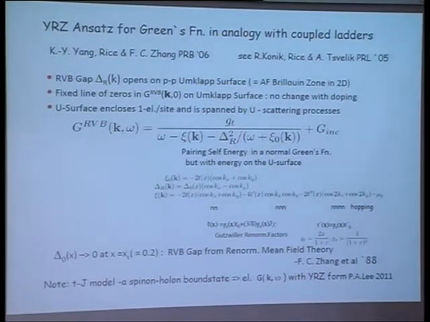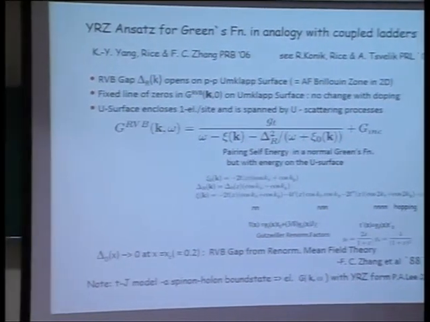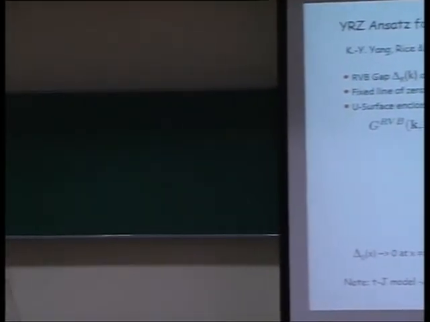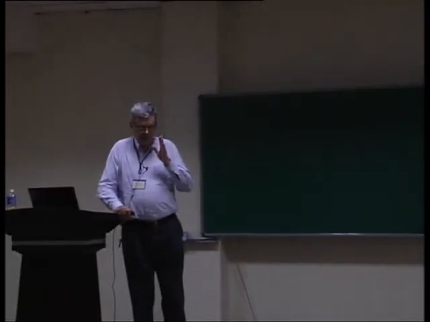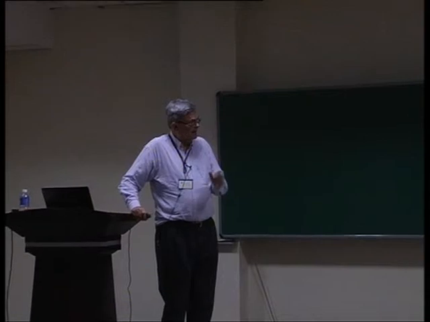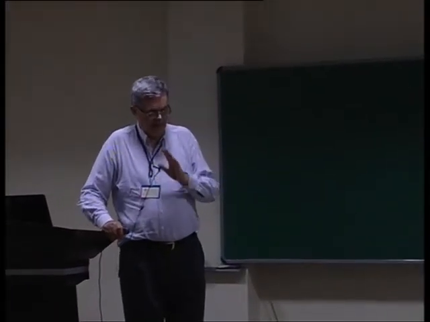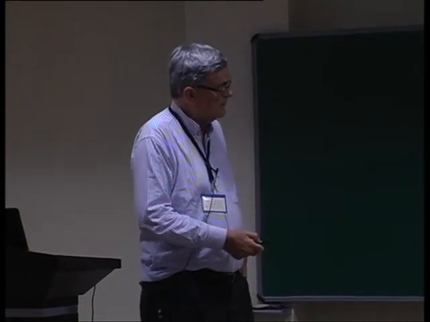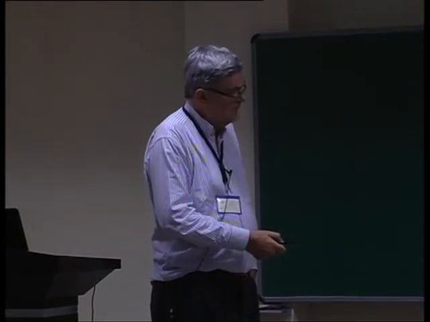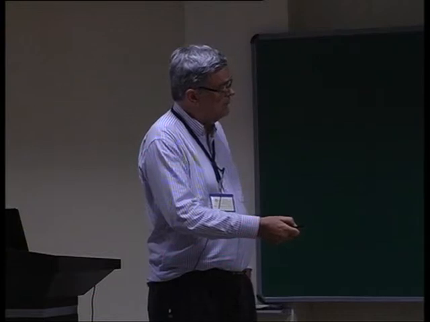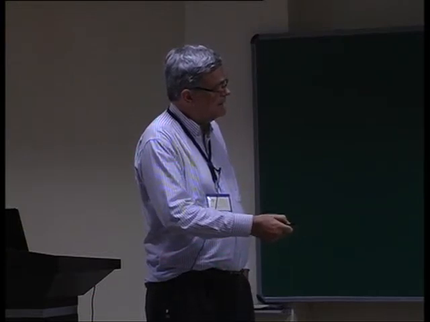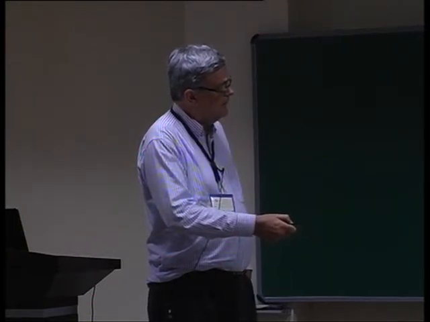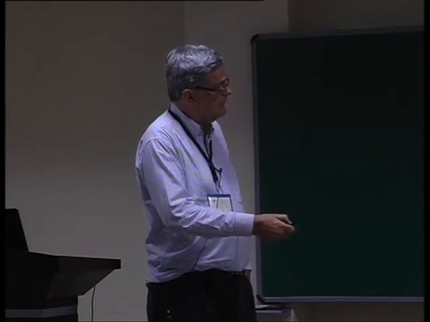Because if we're going to get an insulating form of pairing, we clearly must have the pairing tied to a surface in K-space which is fixed by the lattice, and it's not simply related to the Fermi surface. If it's a Fermi surface, then we're talking about a superconductor. So we came up with this form and proposed that this anomalous self-energy would keep its form even when we dope.